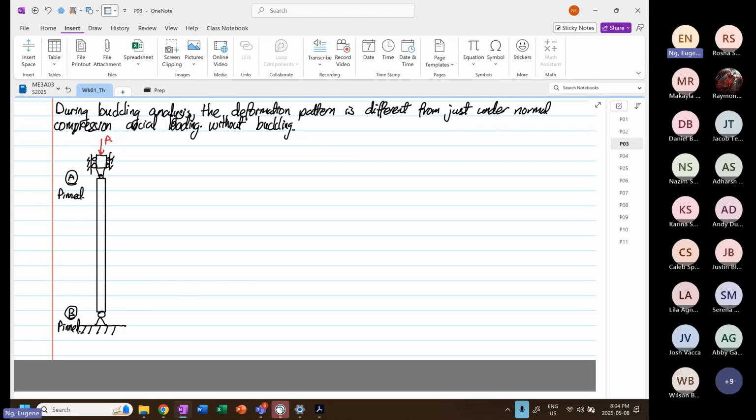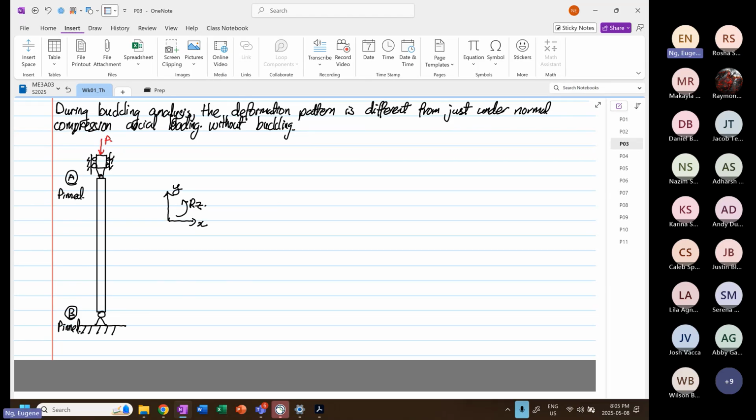So the difference, so if I were to draw our transformation, X and Y, and this is our rotation about Z. Okay. So at point A is pin, at point B is pin.